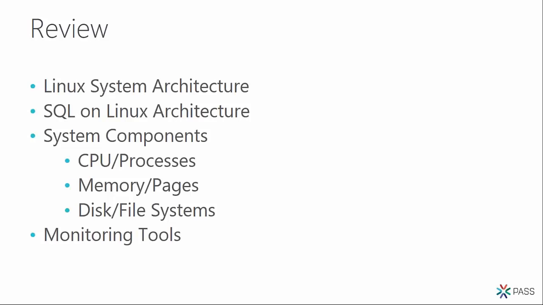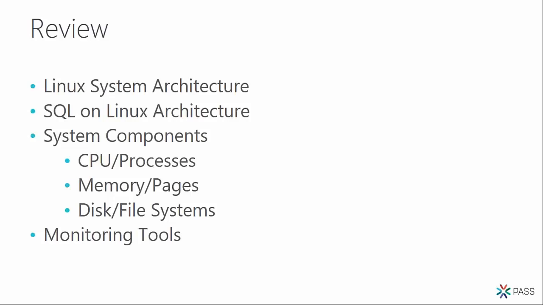Then we marched through the critical system resources, CPU, memory, and disk, and we looked at tools along the way to help us sift out what's going on. Load average on CPU. We looked at swap in and swap out for memory, and where to look for those critical things: how much is being allocated, what types of pages are being allocated. And for disks, we focused on latency, I/O size, queues, and bandwidth. Those key metrics that we care about for disks.